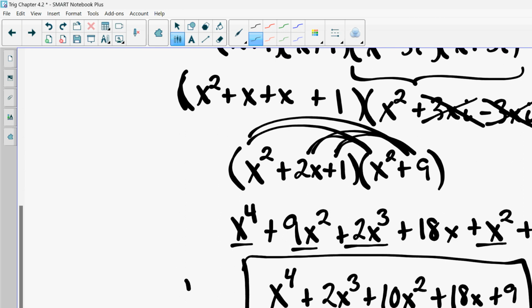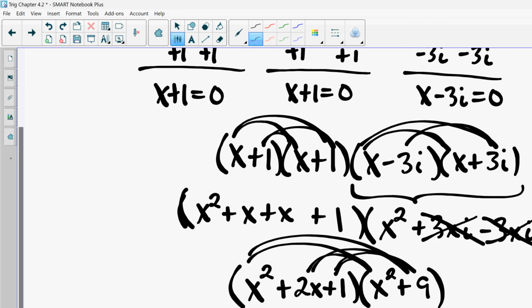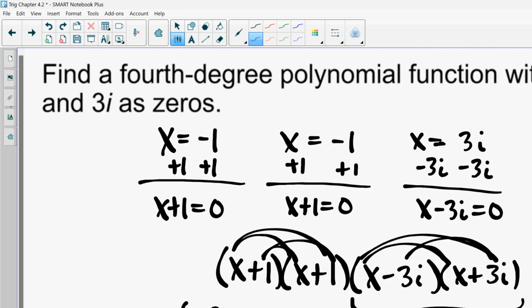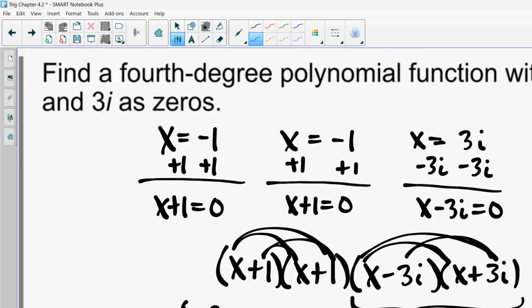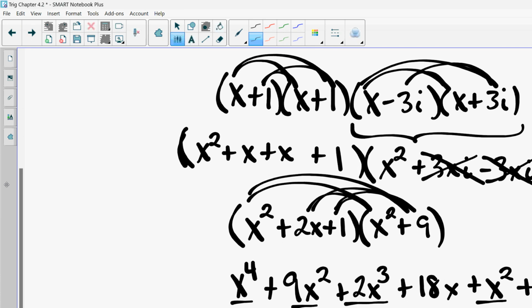If we wanted to, we could say f of x is equal to this here. But this is the 4th degree polynomial function with real coefficients and a equal to 1, or the leading coefficient being 1.